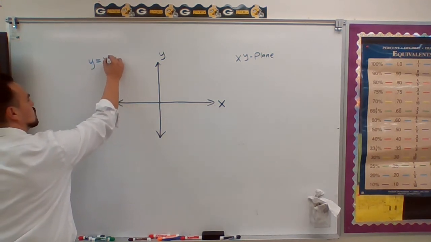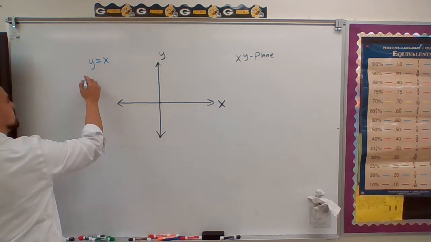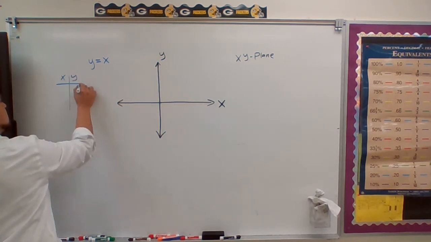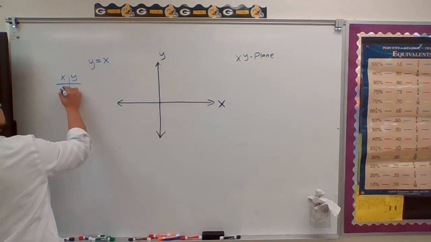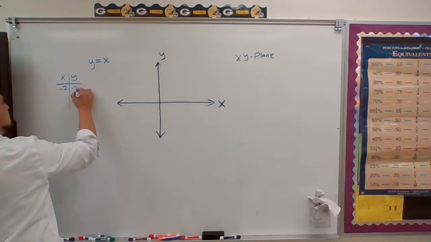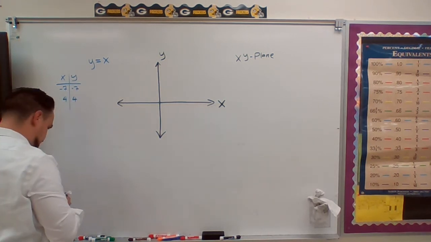We have y equals x. Now remember, this is our basic relationship. Pick a random number, negative 7. When x is negative 7, y is negative 7. And when x is 4, y is 4.